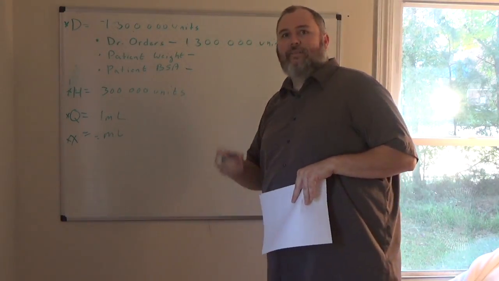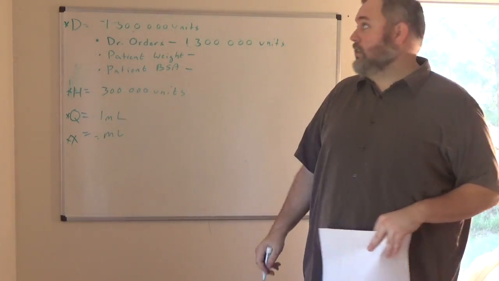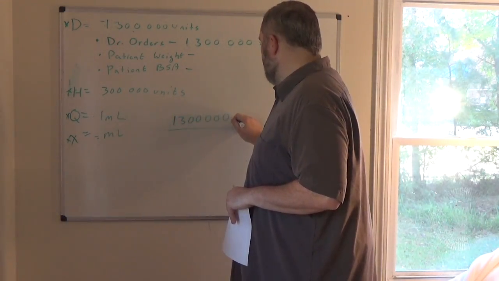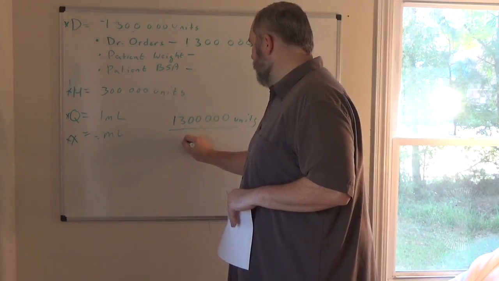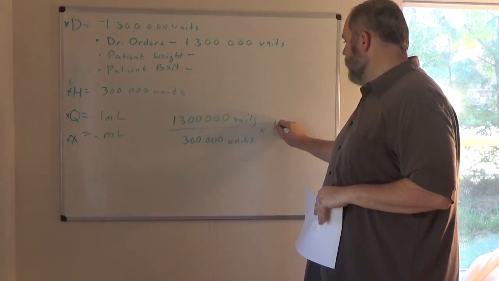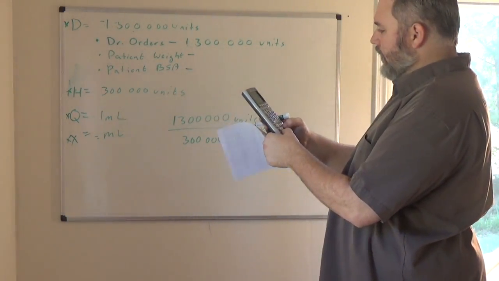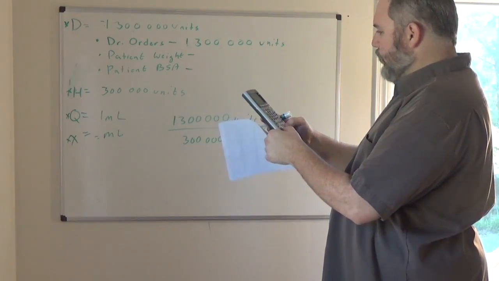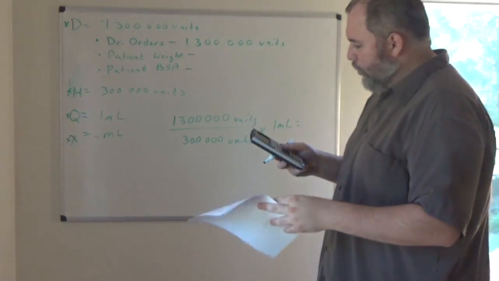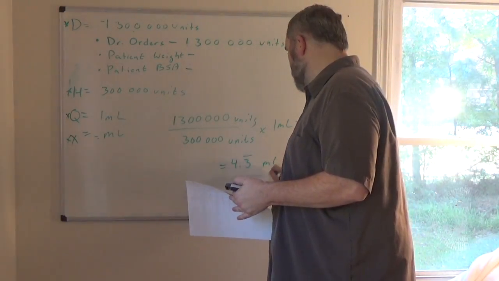My D and my H have the same unit. My Q and my X have the same unit. So I plug everything in. My D divided by my H times my Q equals, and we'll do it with you, 1,300,000 divided by 300,000 times 1 gives me 4.3 repeating mLs.